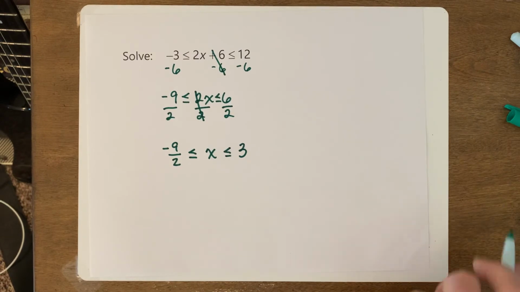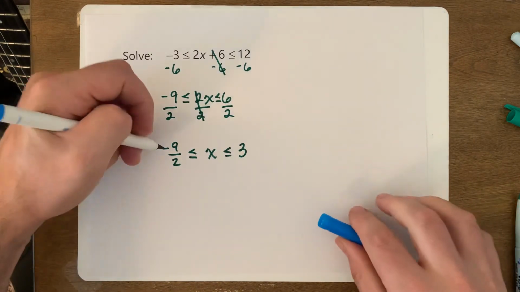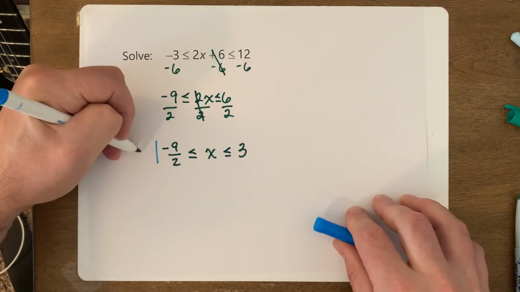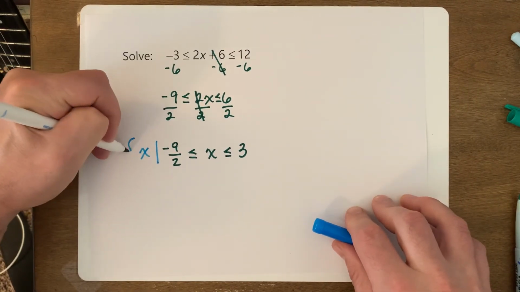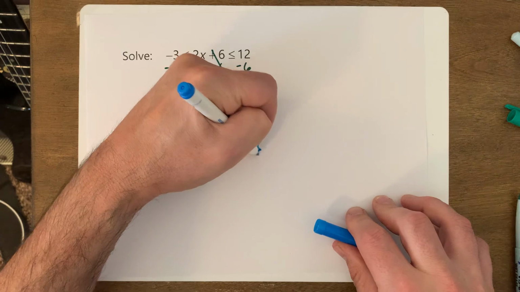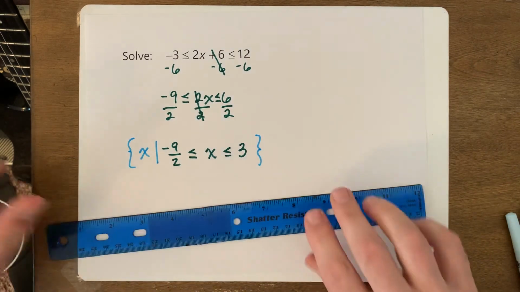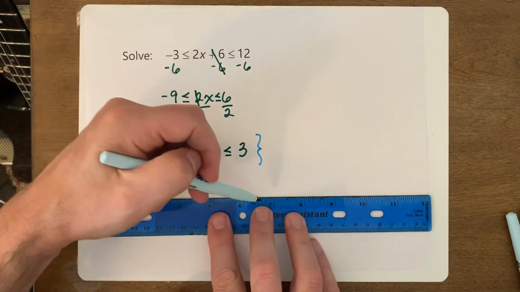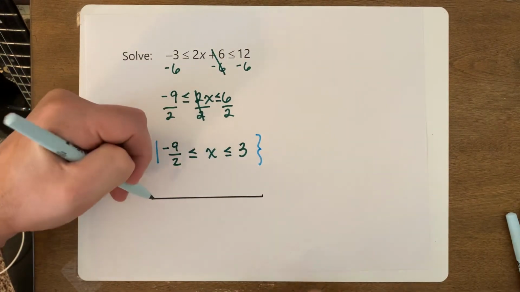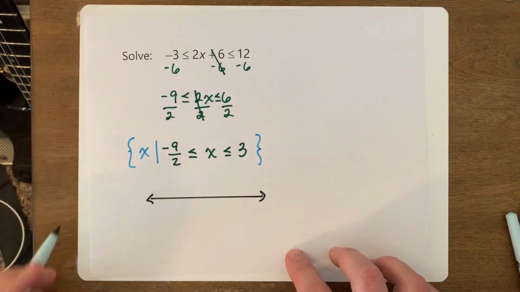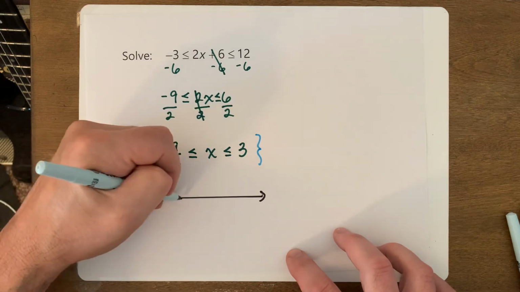All right, again, really easy to do your set builder notation. Put your such that line in there, all real x, curly bracket, curly bracket. Okay, now for your number line. I like to use a lot of colors. We've got negative 9 halves on here somewhere.